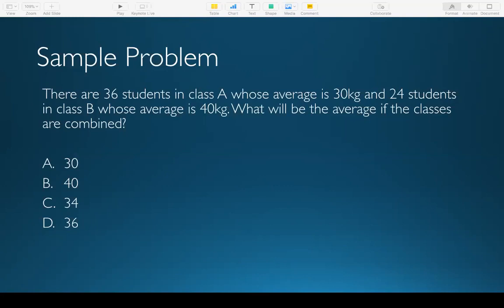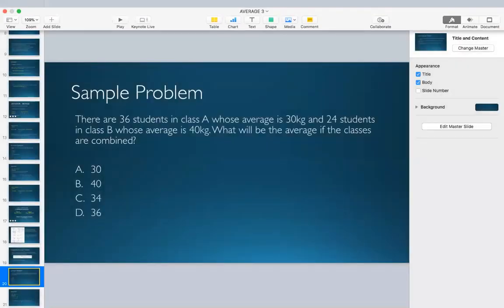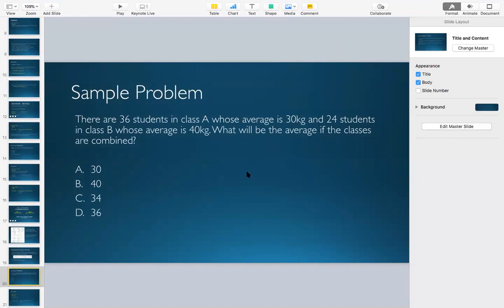So if 34 is closer to 30 and we have more students in class A, our answer should have been option C, right? Yes or no? So you can see that without using the formula or actually calculating, we just answered this question. What did we use? We simply used some properties of average, right?